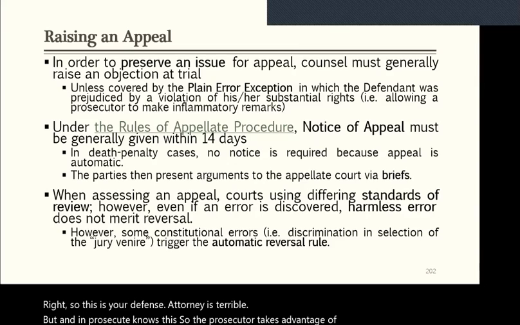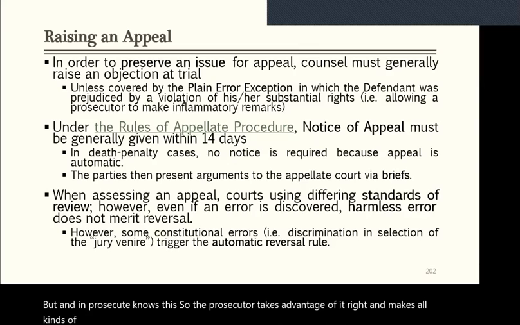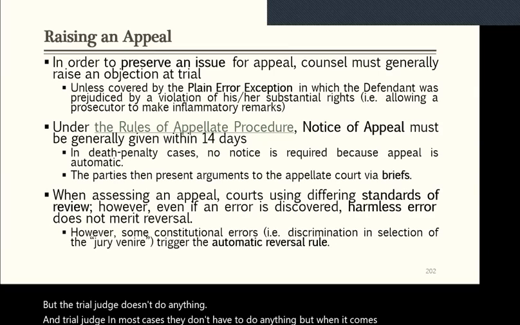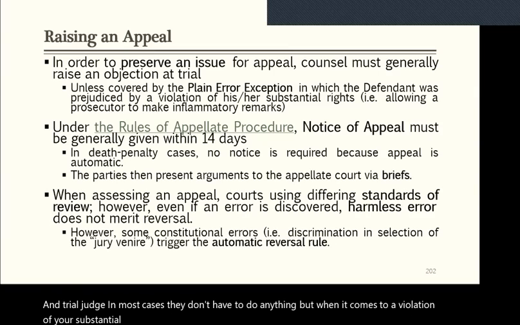And makes all kinds of inflammatory remarks to the jury, things that they cannot say under the law. Your counsel doesn't object, but the trial judge doesn't do anything. And the trial judge, in most cases, doesn't have to do anything, right? But when it comes to a violation of your substantial rights, the court, ab initio, can step in and say no, right? Declare a mistrial on their own.